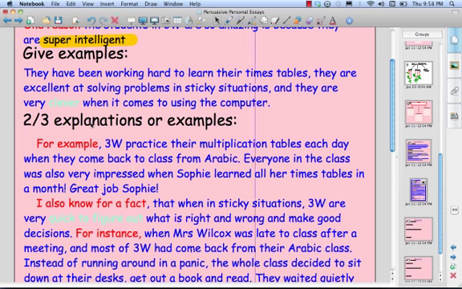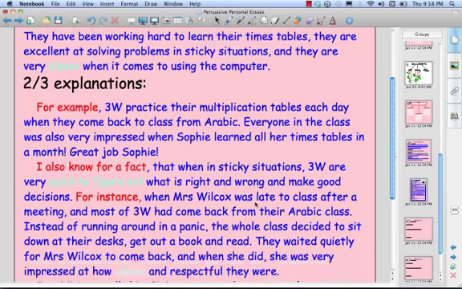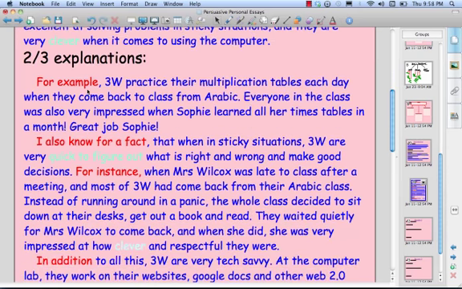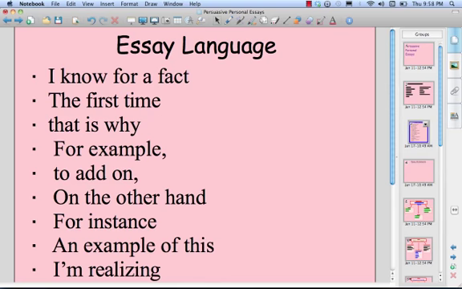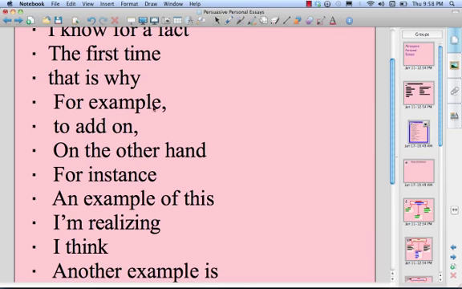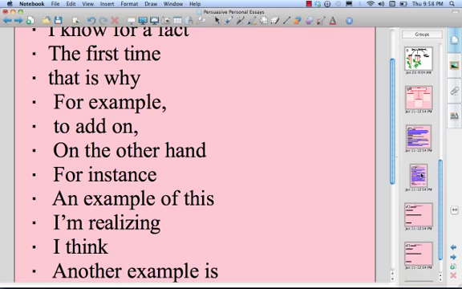Then here I'm going to say these are the explanations for each of the examples, because I'm going to expand on that. So I've started with for example. Now as you can see, I put this in red because that is one of the essay language words here, for example, and I've made sure that I'm trying to use these words in my writing.